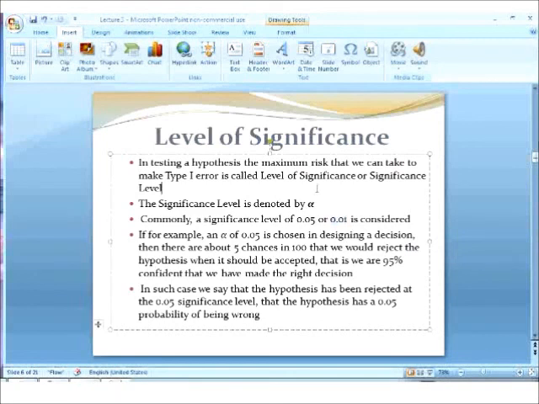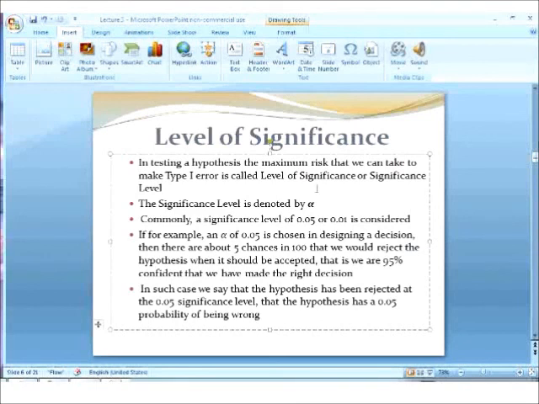So understand that confidence level is one thing, and then 1 minus confidence level is your level of significance, which is the level at which you allow an error to occur, or it's a chance to have an error in your decision.